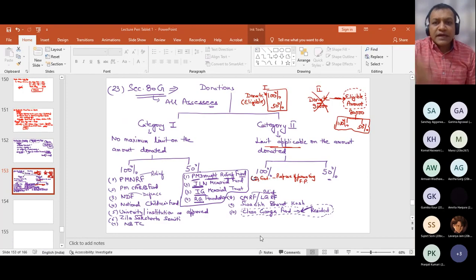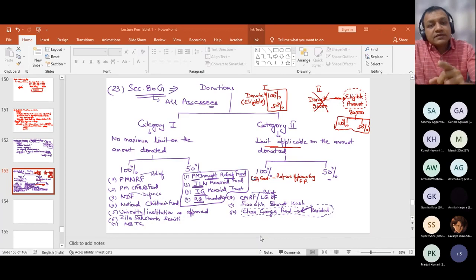In category 1, whatever you donate by default that is eligible, you have to simply multiply it by 100 or 50 as the case may be. But in category 2, whatever you donate might not be exactly eligible. So you need to do one more extra step in category 2. You will first compare this donated amount in category 2 with eligible amount. How to compute eligible, this I will tell you.